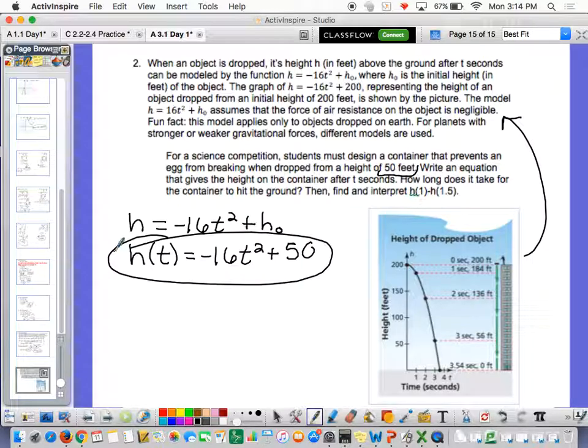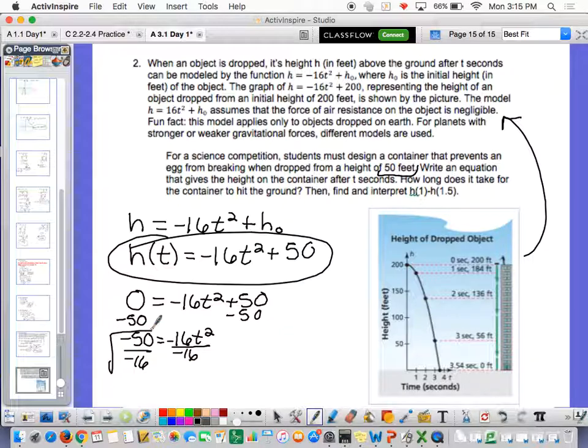We hit the ground when the height is 0. Would you agree? I hope so. So the height is 0, and we want to find out the time. Well, I'm hoping that you notice that you could solve by graphing if you wanted to. I would solve by the square root method. So if you subtract 50, you end up with negative 50 equals negative 16t squared. You divide by negative 16, and then you're also going to square root.